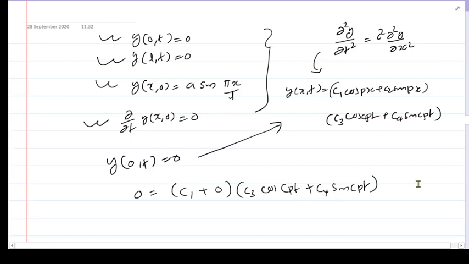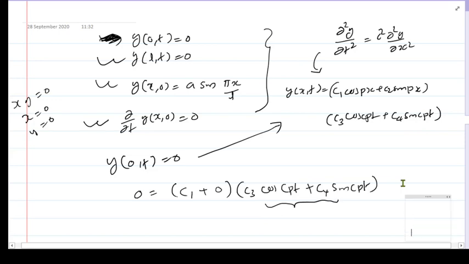Since this is 0, we have a product equal to 0, meaning either one factor is 0 or the other is 0. If the second quantity were 0, the solution would always be 0. So the only possibility is c1 equal to 0.